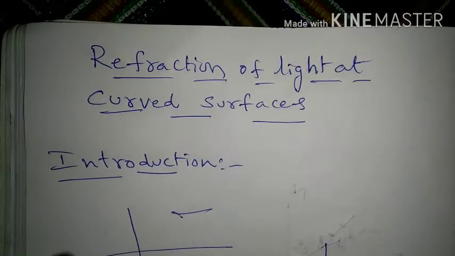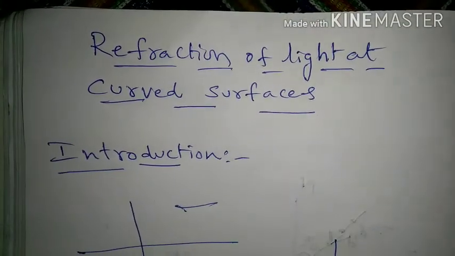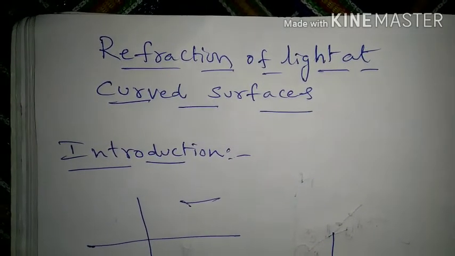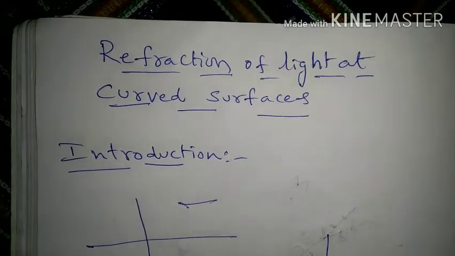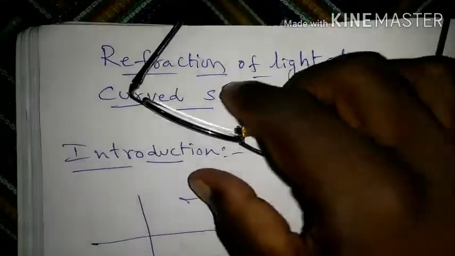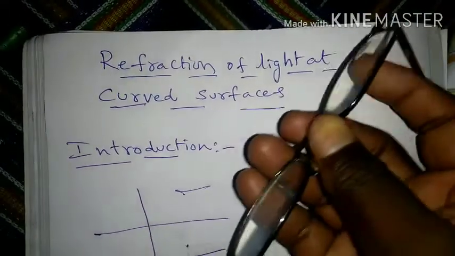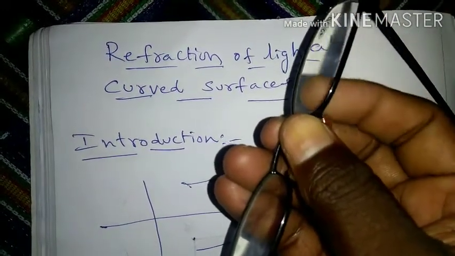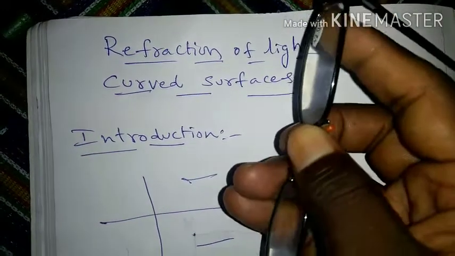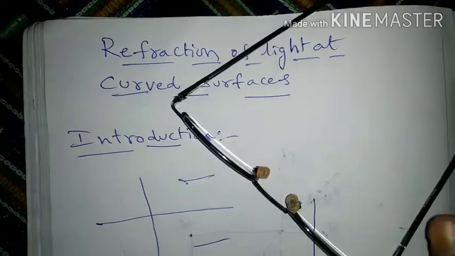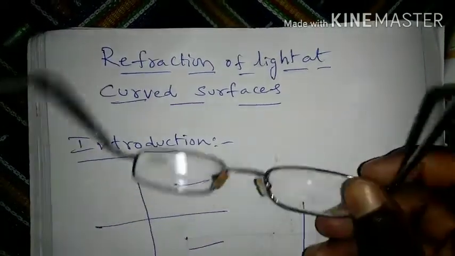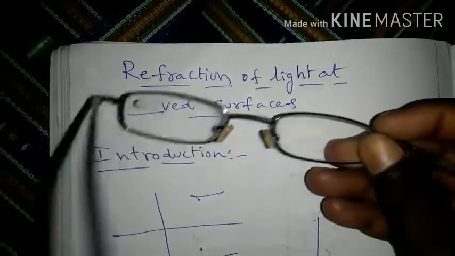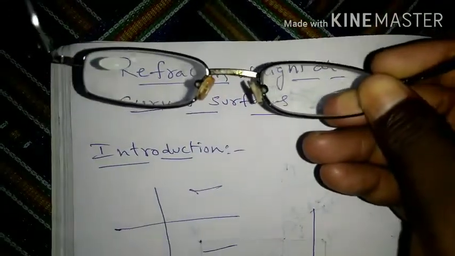It is a common observation that some people use spectacles for reading. These spectacles have a lens, and this lens is a curved surface. For example, a convex lens helps you see the letters.